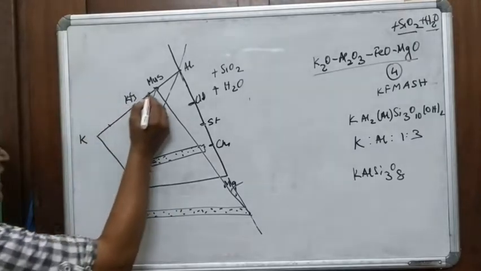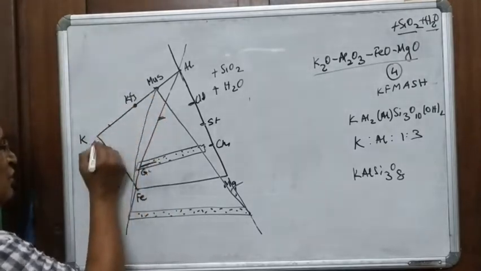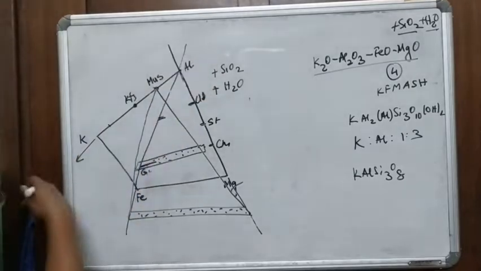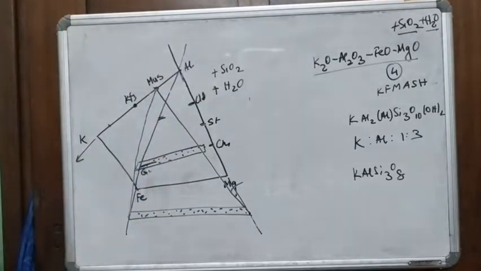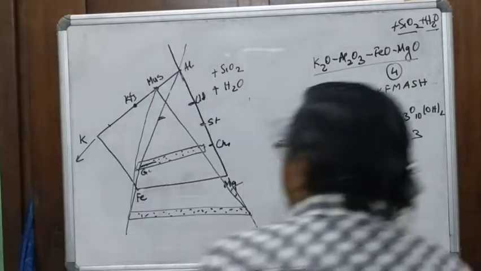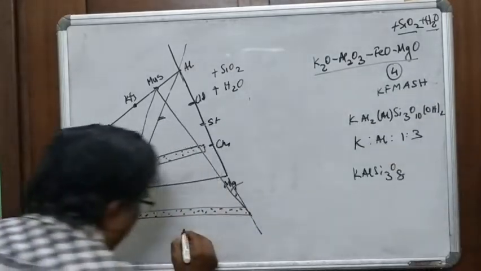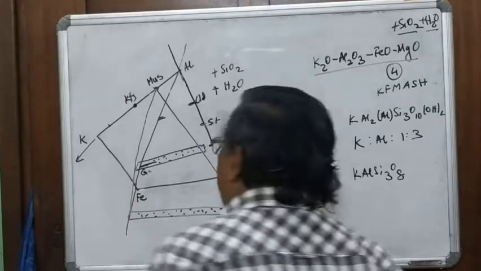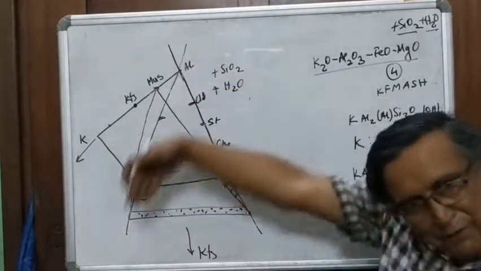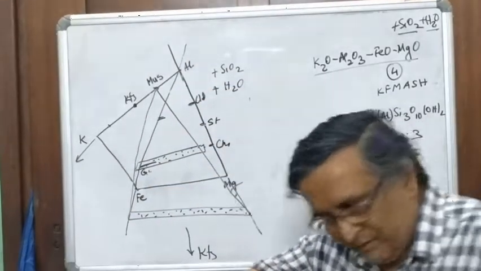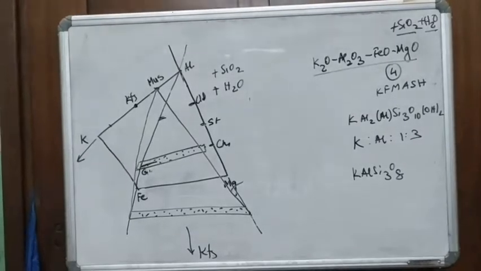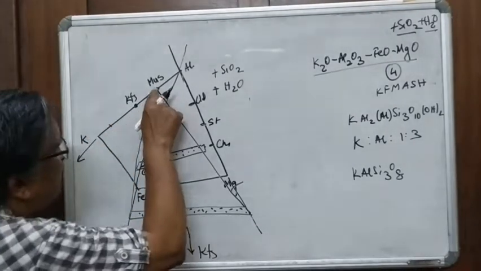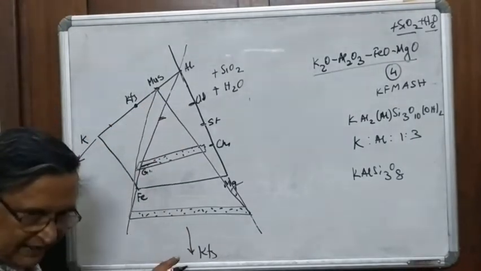So if you plot it from muscovite, K feldspar will plot right here. That means if you are looking from here, K feldspar will appear to plot here. If you are looking from here, K feldspar will plot behind. Have you understood?